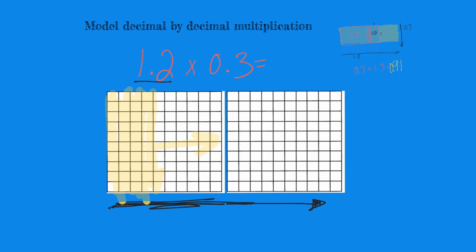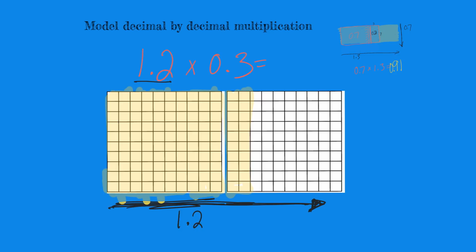Remember, we're going this way. And there we go. So going this way, I've shaded in one whole and 2/10. So I've shaded in 1 2/10 going this way, as you can see.